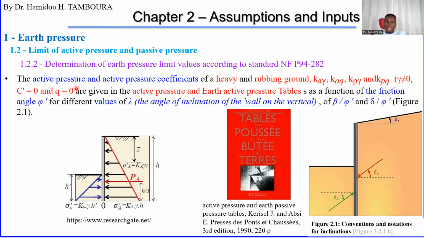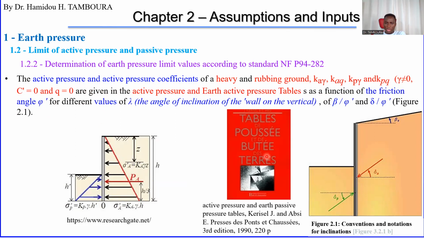So the coefficients are given for the active pressure and passive pressure, in this table of active and passive earth pressure as a function of the friction angle.